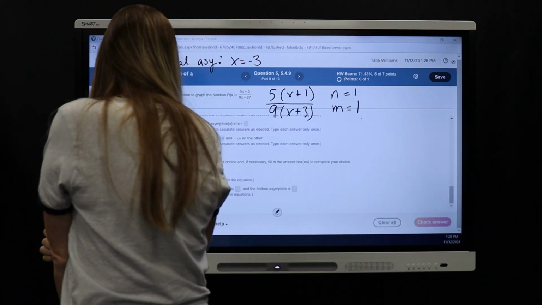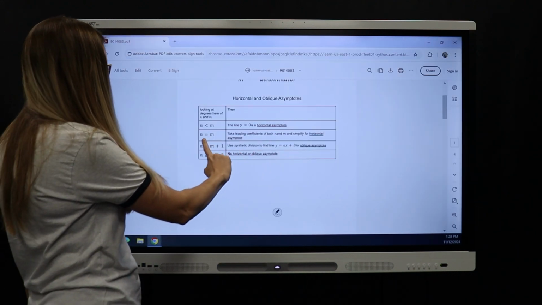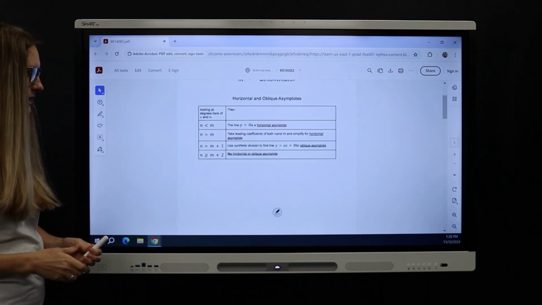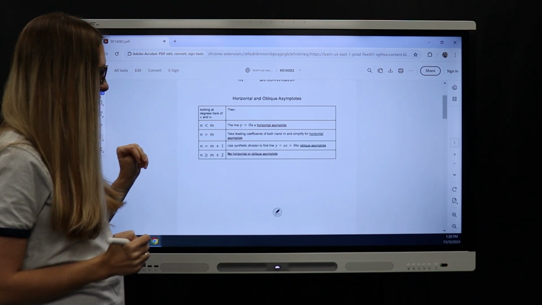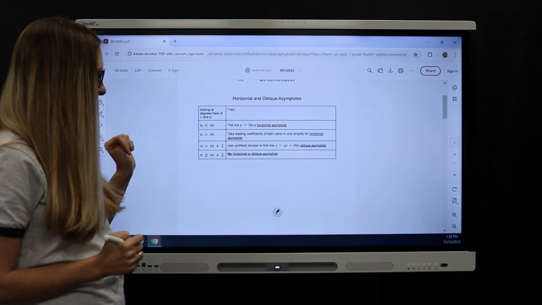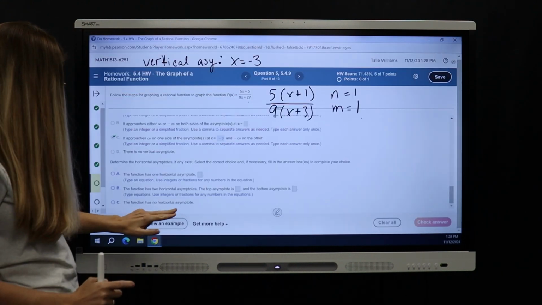And then we pull up our handy dandy table. And numerator and denominator are equal because they're both 1. And it tells us to take the leading coefficients of both and simplify for horizontal asymptotes. So we have a horizontal, which means we do not have an oblique.